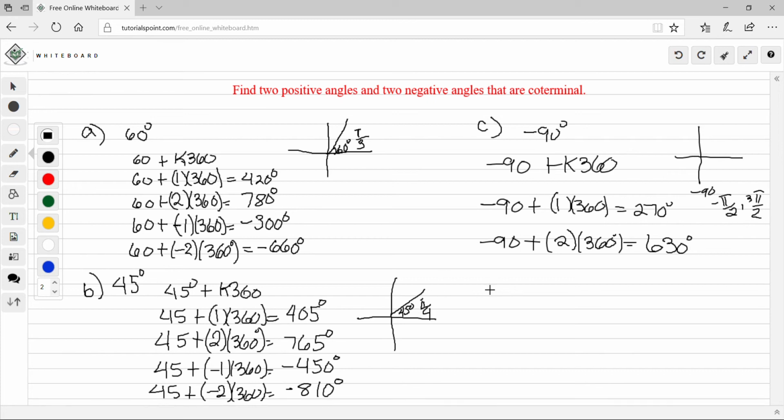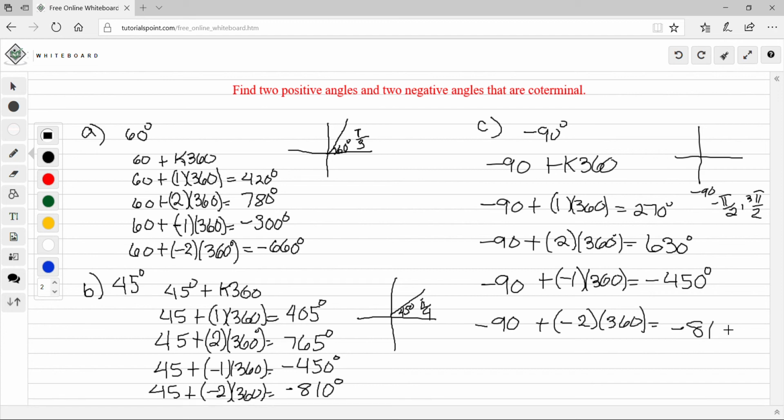So we've got 2 positives, now we need 2 negatives. Negative 90 plus negative 1 times 360 gives you negative 450. And then negative 90 plus negative 2 times 360 equals negative 810.